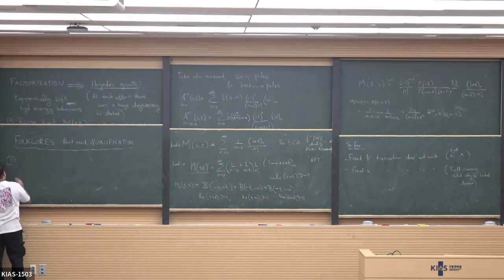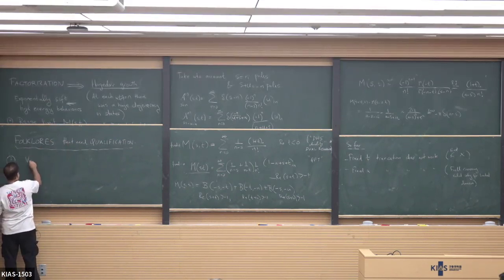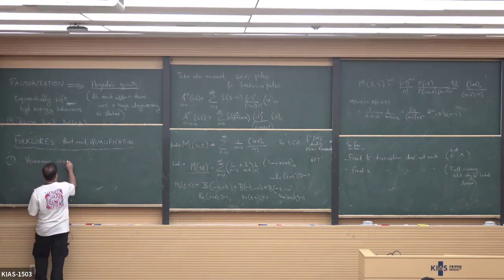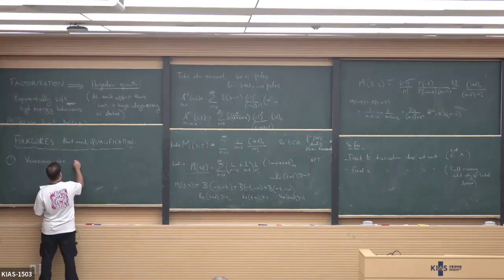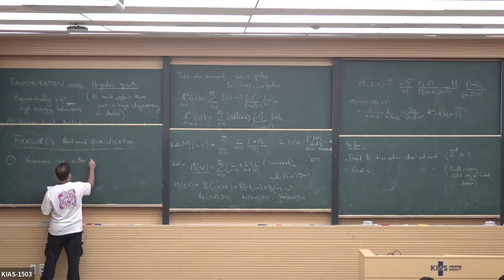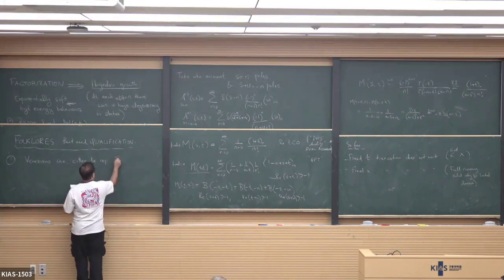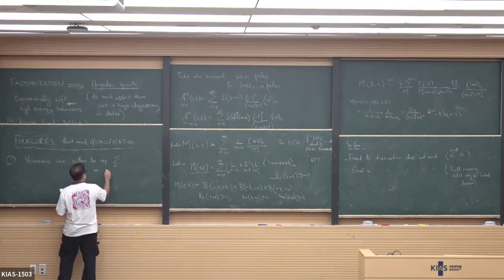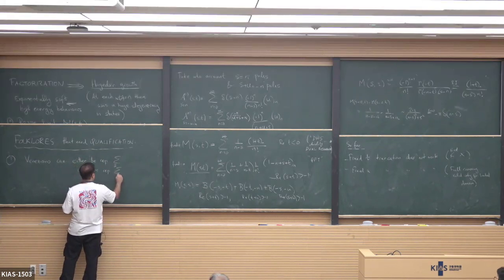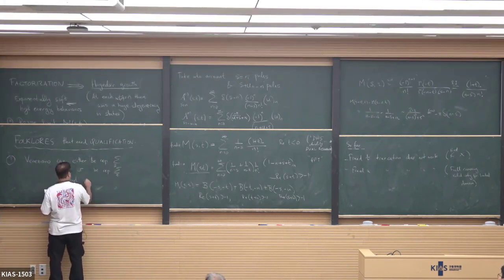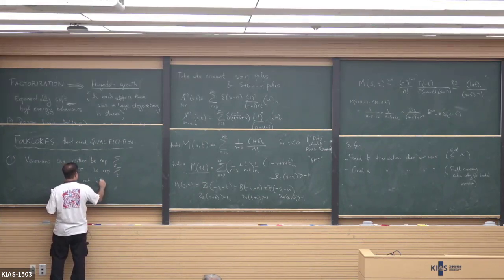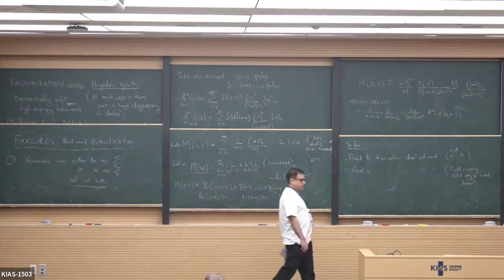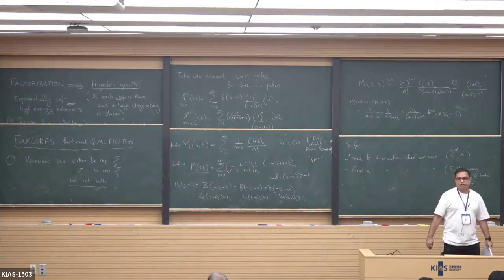So the first folklore is that the Veneziano amplitude can either be represented as a sum over S channel poles or be represented as a sum over T channel poles, but not both. This is something that you're going to see multiple times if you open the old literature, if you open the Birth of String Theory book.